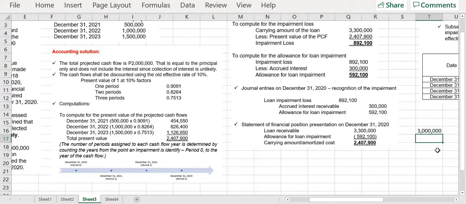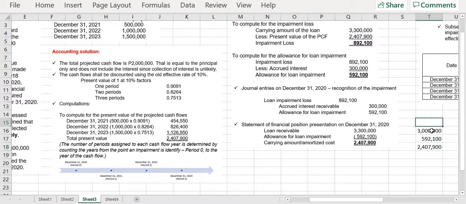Ayan. So, that should be 3 million minus the allowance for loan impairment na 592,100. So, kaya meron tayong carrying amount or amortized cost na 2,407,900. Ayan.